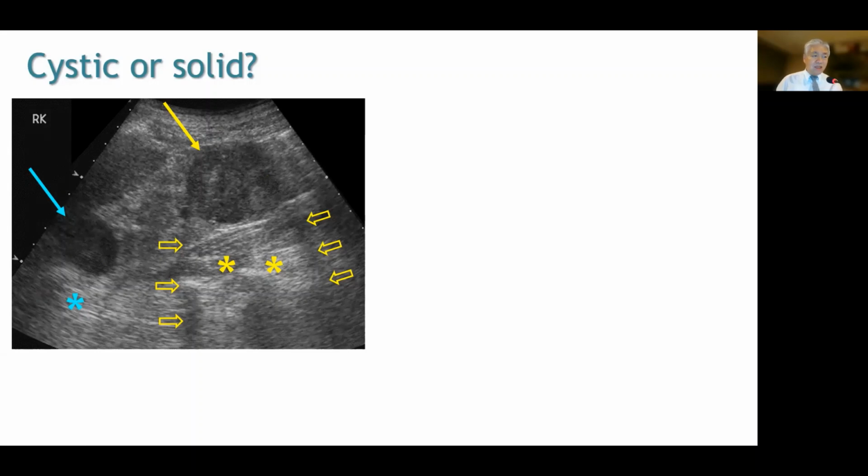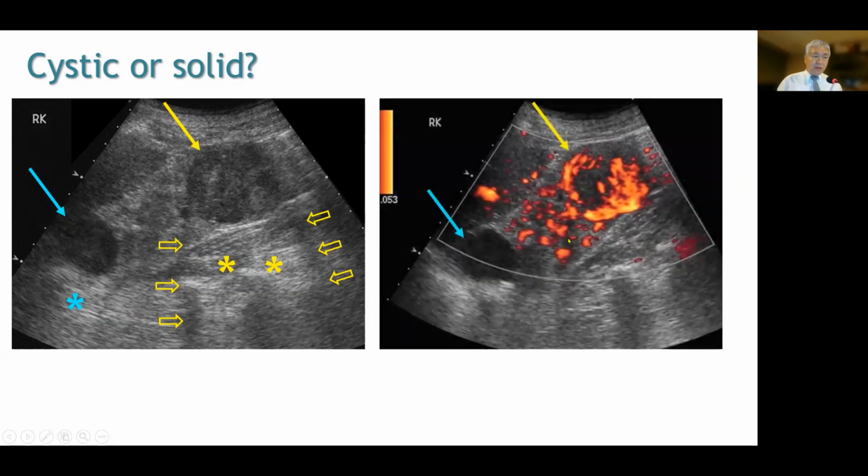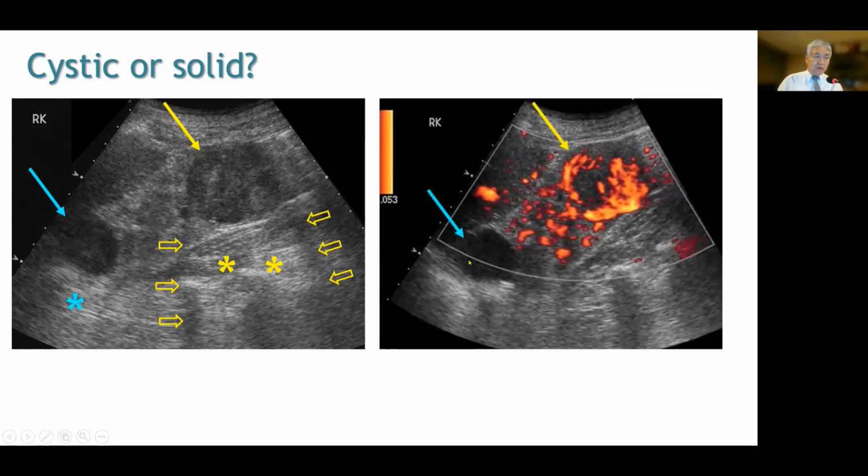Doppler ultrasound is the easiest way, and this power Doppler ultrasound well shows this is an avascular cyst, and this is a hypervascular solid mass, a renal cell carcinoma.